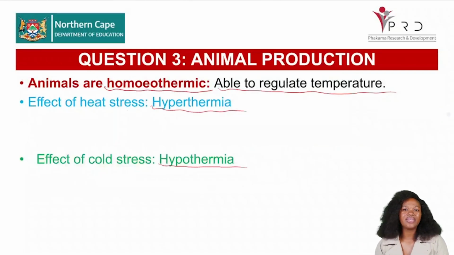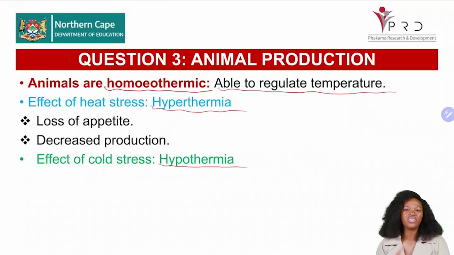Now, what is the negative effect of heat stress or hyperthermia? Hyperthermia occurs when the body temperature is higher than normal, an increase in body temperature due to the high temperature in the environment.